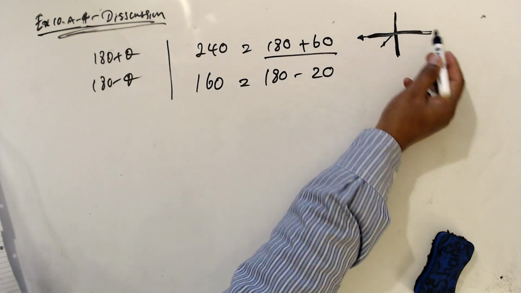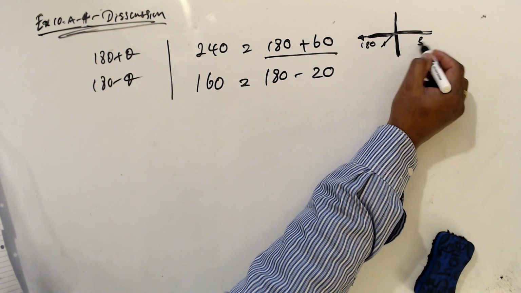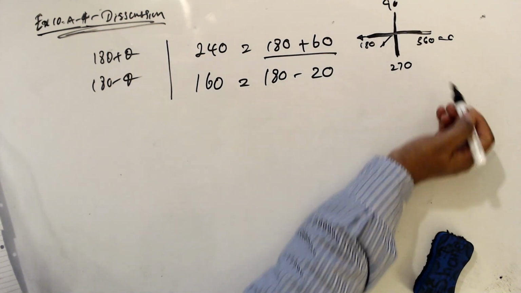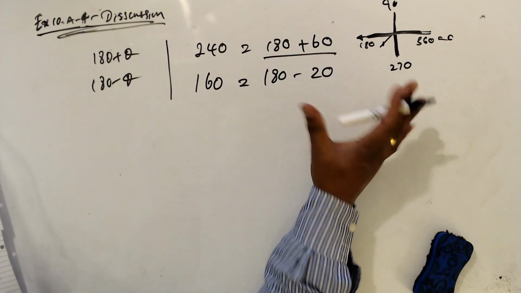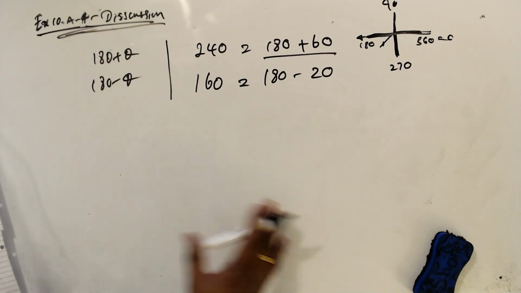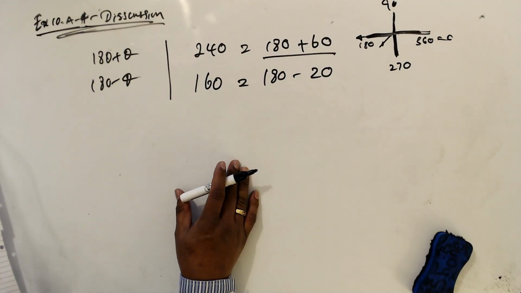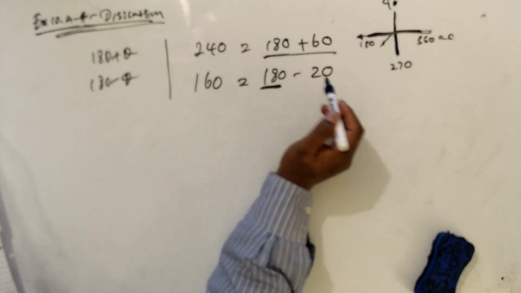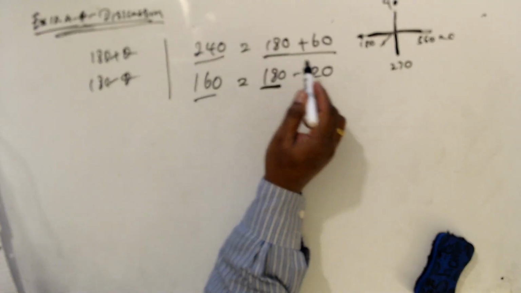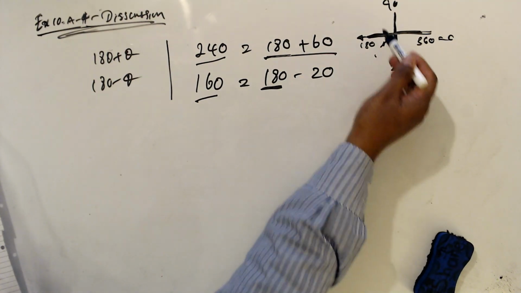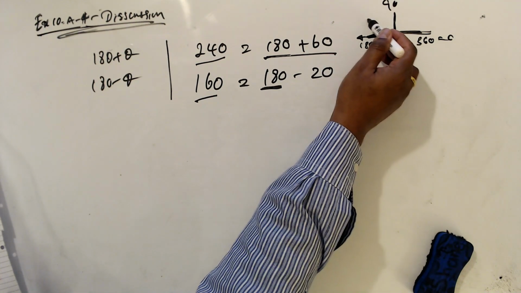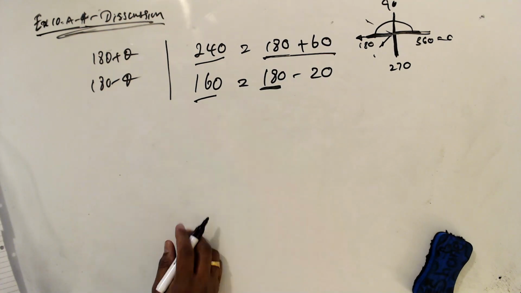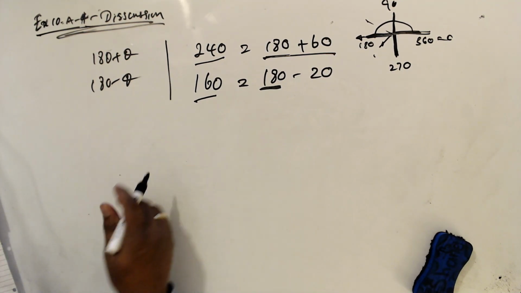So this is the x-axis, 180, 360 or 0 axis, and this is the 90, 270 axis. We can easily simplify with some rules. So you can see this 180 is a special guest. 240 is in this quadrant, 160 is in second quadrant. I write using this guest 180 because there are some rules we can use.